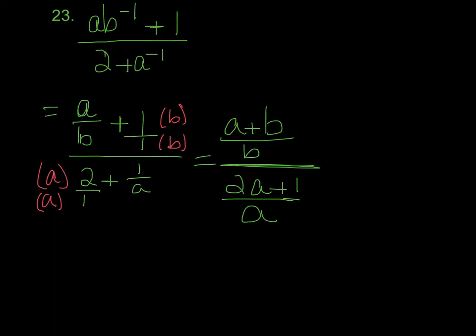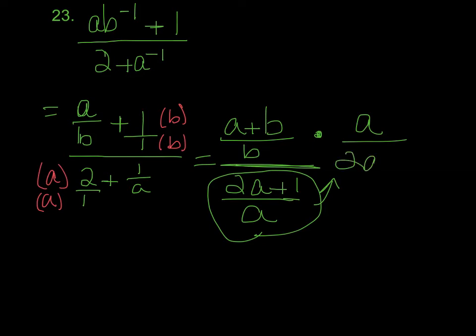So basically I have a plus b over b, and I'm going to keep, change, flip. I'm going to take this denominator and flip and multiply. So that's going to become a over 2a plus 1. Now, what I'm really looking at is just what I have here in this box.